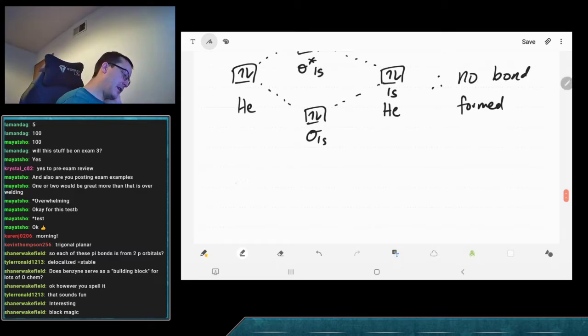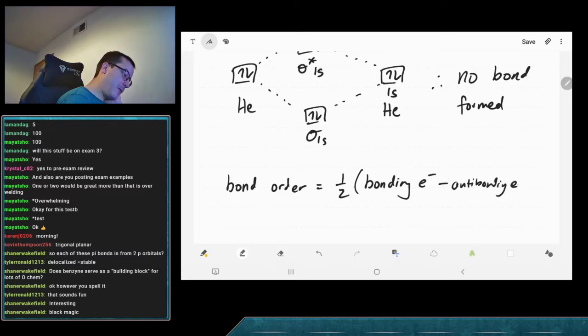Let's find an easy way to deal with this. We're going to have a thing called a bond order, if I could spell order properly, which is going to be 1/2 times bonding minus anti-bonding.